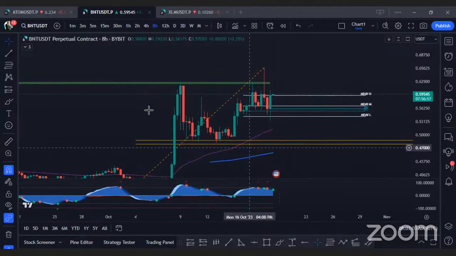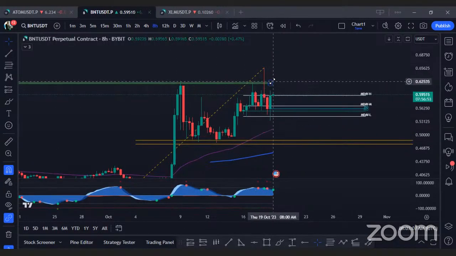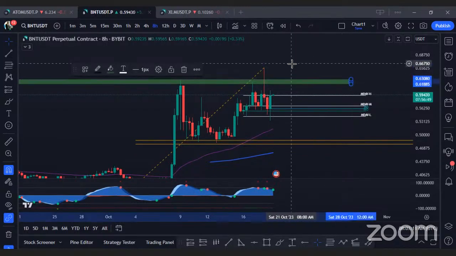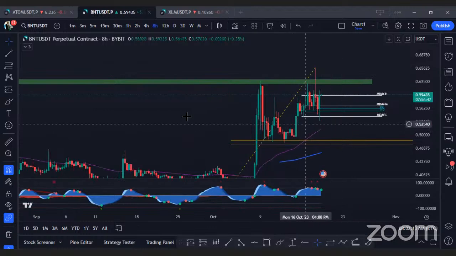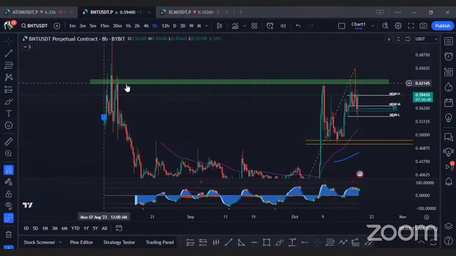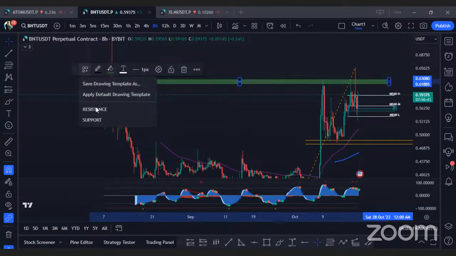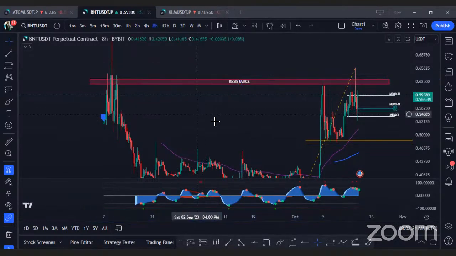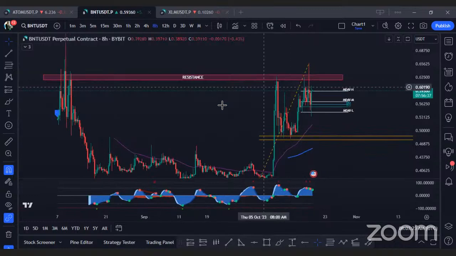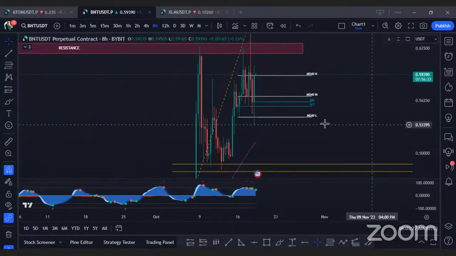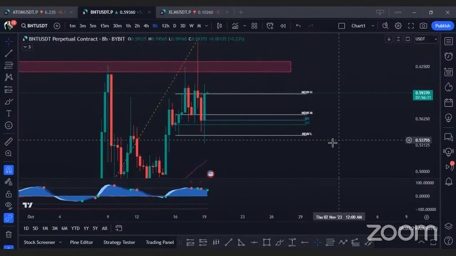BNT came, rejected nicely here, went back up, and then we have that resistance there. So for BNT, I want to see it reject there again. This will be our resistance level. Let's change it to resistance. I want to see BNT come and reject at that area again, guys.